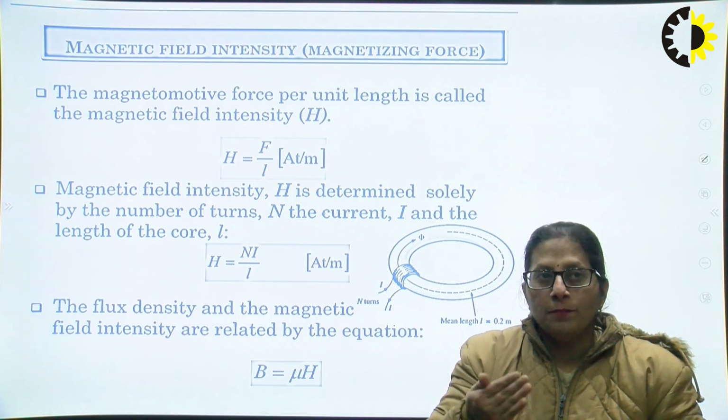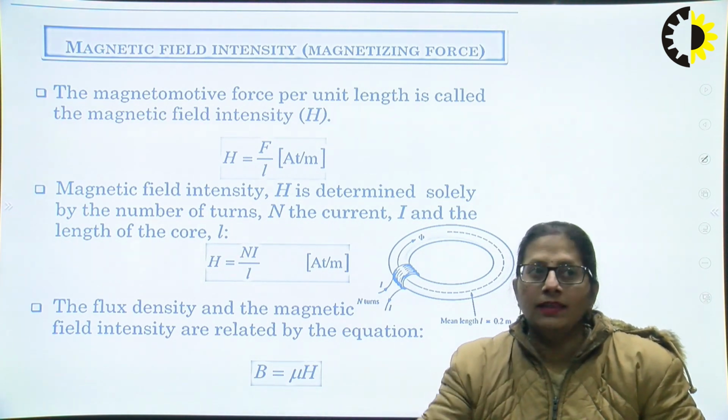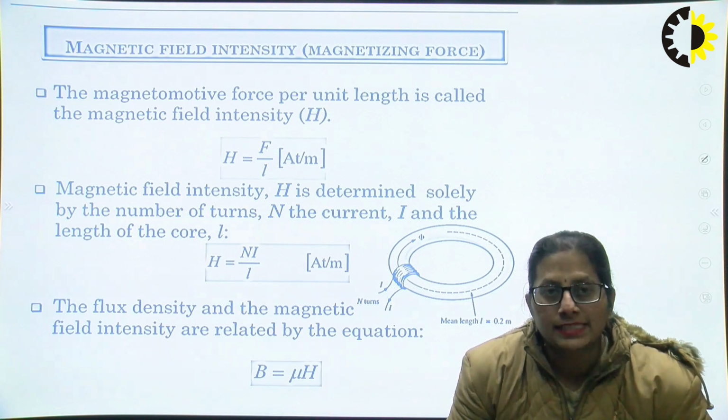If this magnetomotive force is acting per unit length, then it is called the magnetic field intensity.